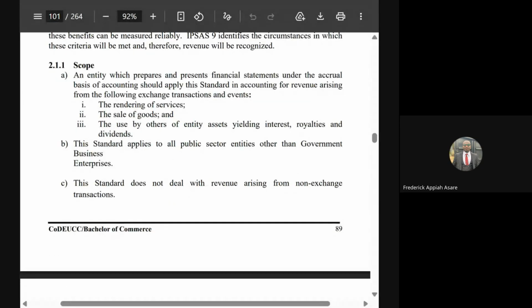So when you take the scope also, the scope covers rendering of services. When a local government is rendering services, like they have built a public toilet, and when you go there to use it, you are supposed to pay something, this rendering of services falls under the IPSAS 9.